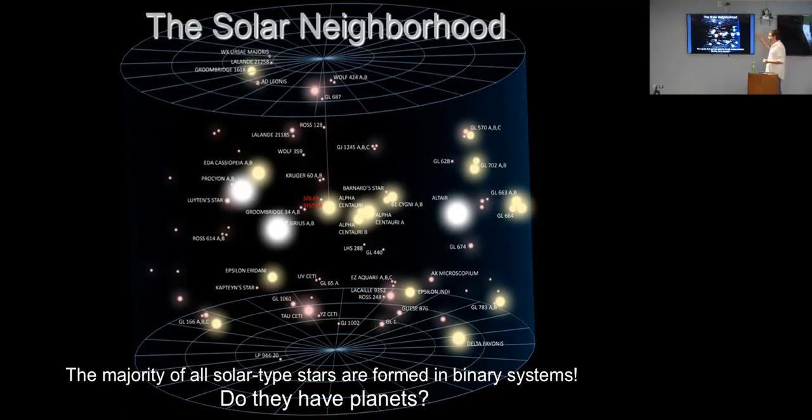But it seems like the majority of all solar type stars are formed in binary systems, and even to the present day, most of them are still living in those binary systems. And so we need to be thinking not just about the story of one star, one planet, or maybe multiple planets, but it's one or more stars, one or more planets, or maybe 0 planets, to spoil maybe where this might be going.